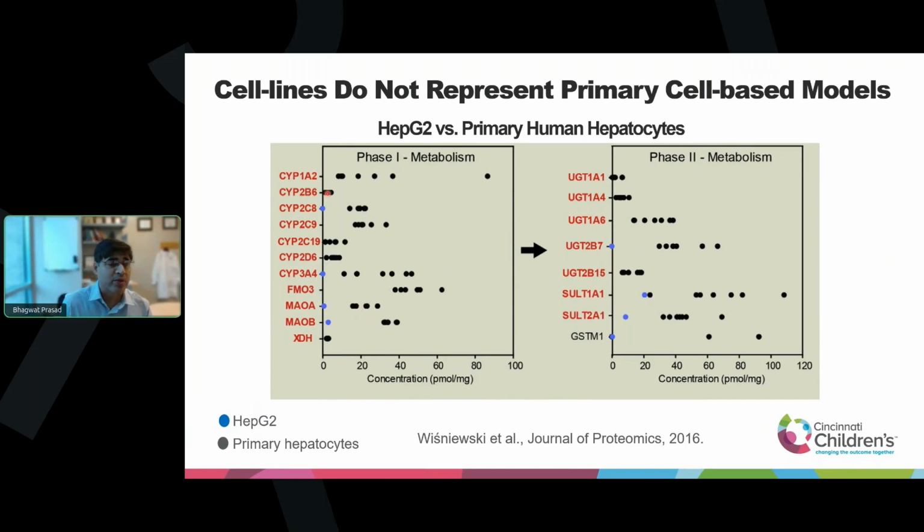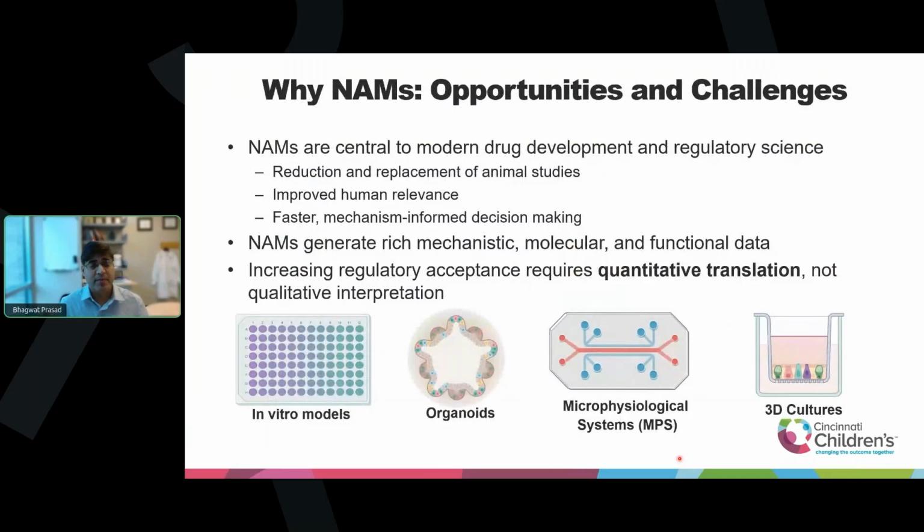So what I'm showing here is these blue dots are basically the protein abundance of drug metabolizing enzymes in HepG2 cells as compared to primary hepatocytes, which has variability but way higher abundance as compared to what we see in case of HepG2. So what we believe is that NAM is an opportunity, and it's an excellent opportunity, as Kent also highlighted.